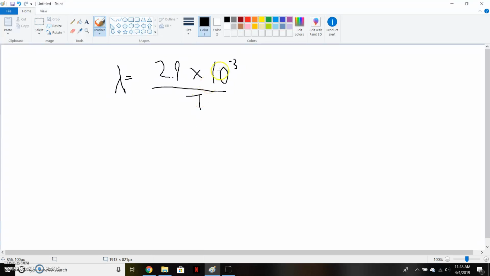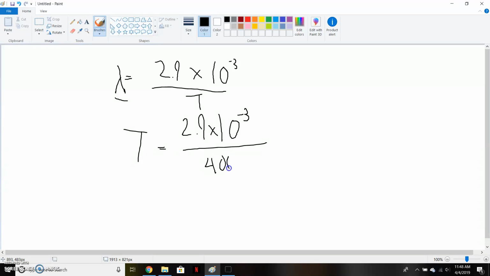We have to find temperature, so we just rearrange it, and they also give us the maximum wavelength. So temperature would be equal to 2.9 times 10 to the negative 3 over the wavelength, which is 400 nanometers.